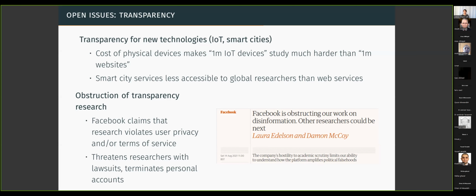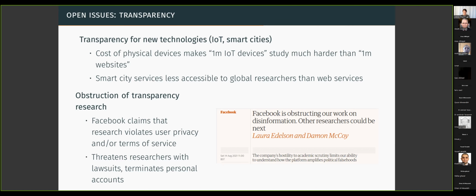And of course, whether Facebook was right with these claims or not, this is a deterrent in the first place, that other researchers may learn about and then say, okay, Facebook will sue me if I do this research, maybe I will study something else instead.